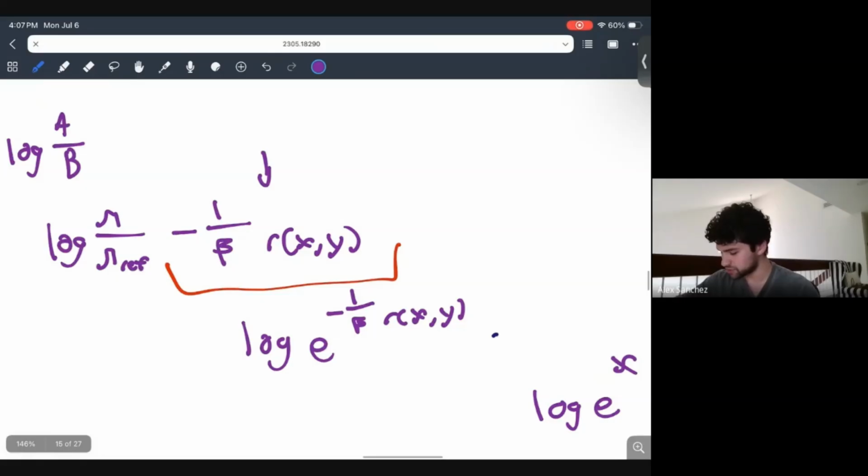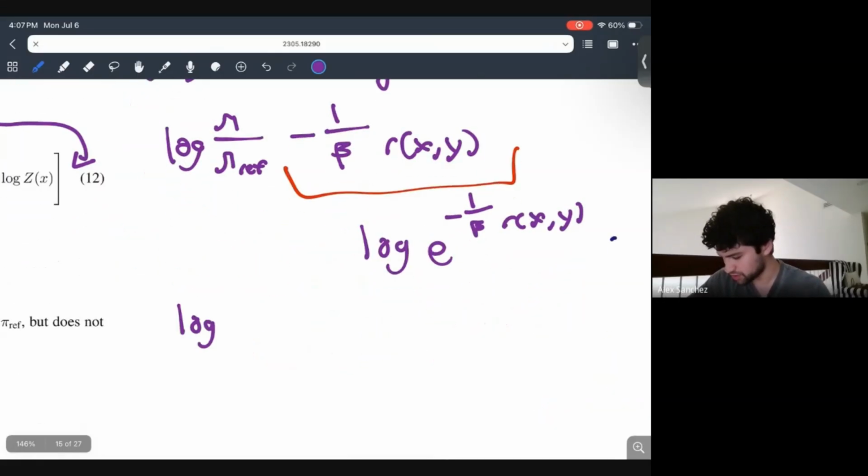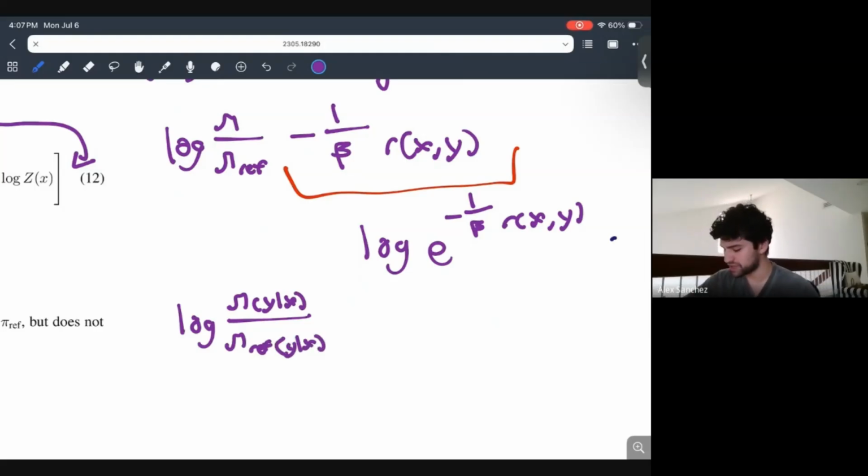And we convert this to log of the probability distribution here over the reference's distribution. And now we basically have minus log e to this value.